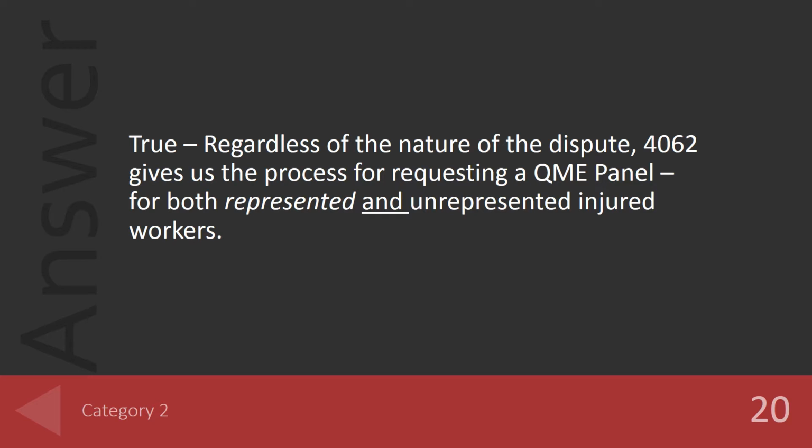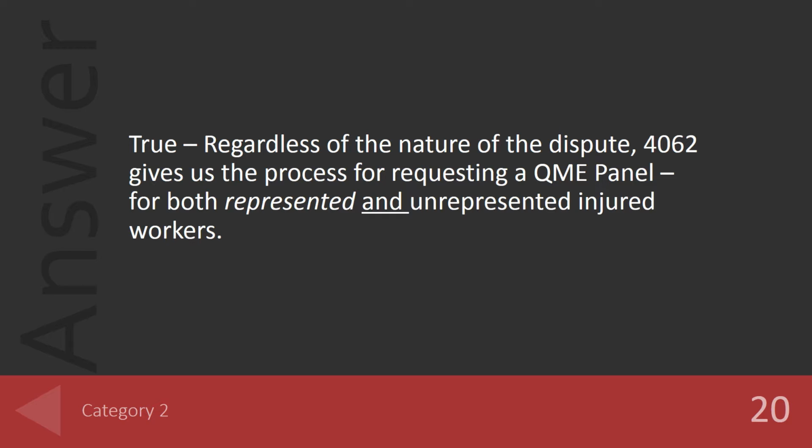Well, it relates to Labor Code 4061 because regardless of the nature of the dispute, whether we're talking about compensability disputes, permanent impairment disputes, or disputes over all other issues, it's Labor Code 4062 that gives us the process for requesting a panel QME. And this applies to both represented and unrepresented injured workers.